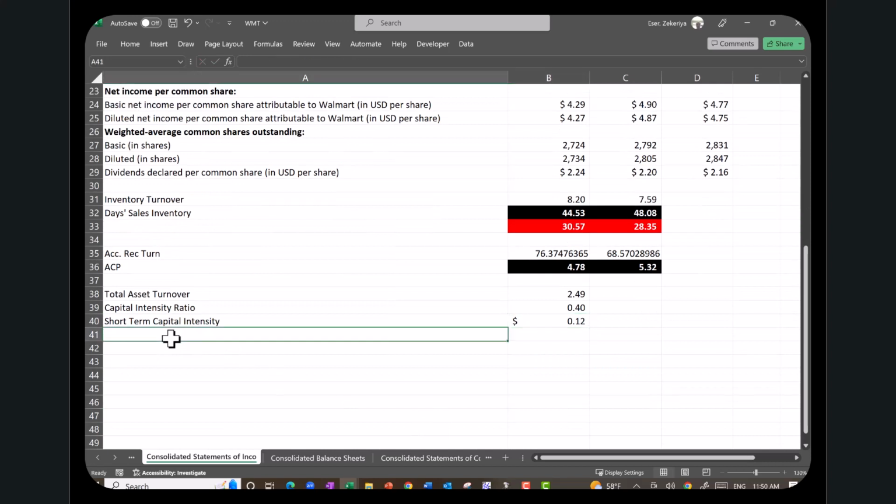And you could also do long-term capital intensity.